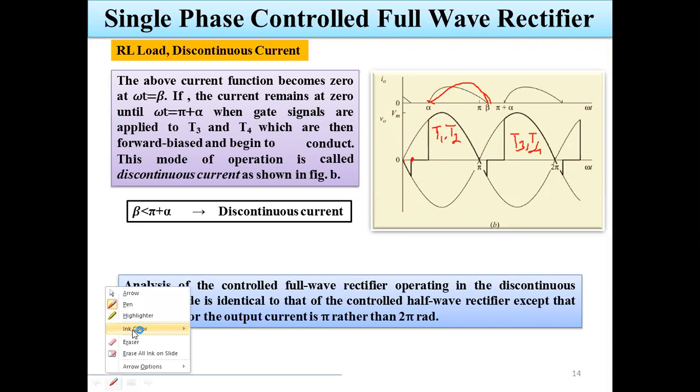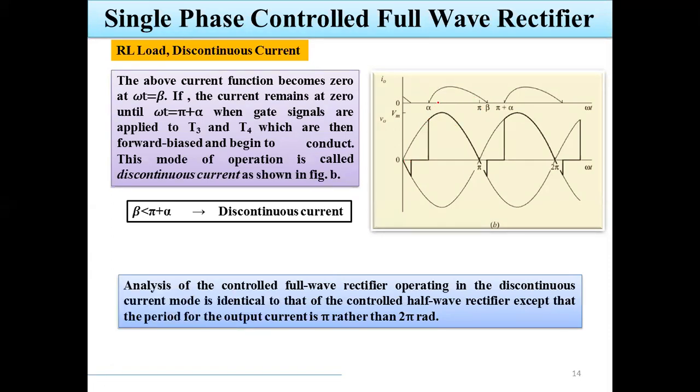I will show again. Yes, it is actually shown like this. Whenever the output voltage has its maximum magnitude, the current is gradually increasing.